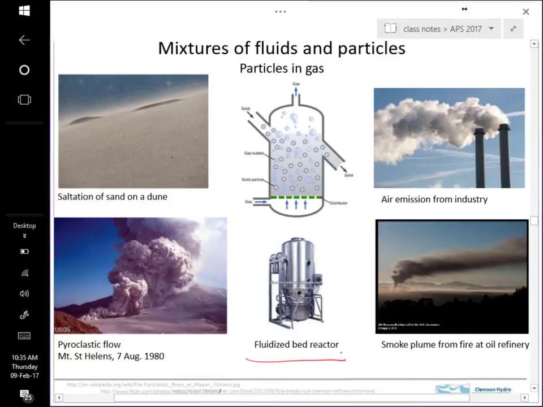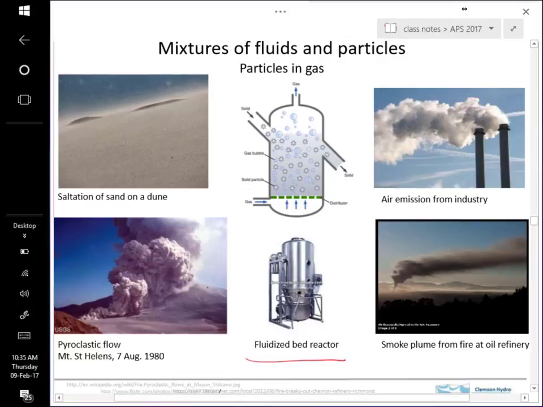Fluidized bed reactor is something that's used for various processes where you've got some reactive solid particles, and you blow a gas from below up through it, and that causes the particles to become suspended, and you do reactions between the fluid that you're blowing up through it and the particles. And then some various other examples.